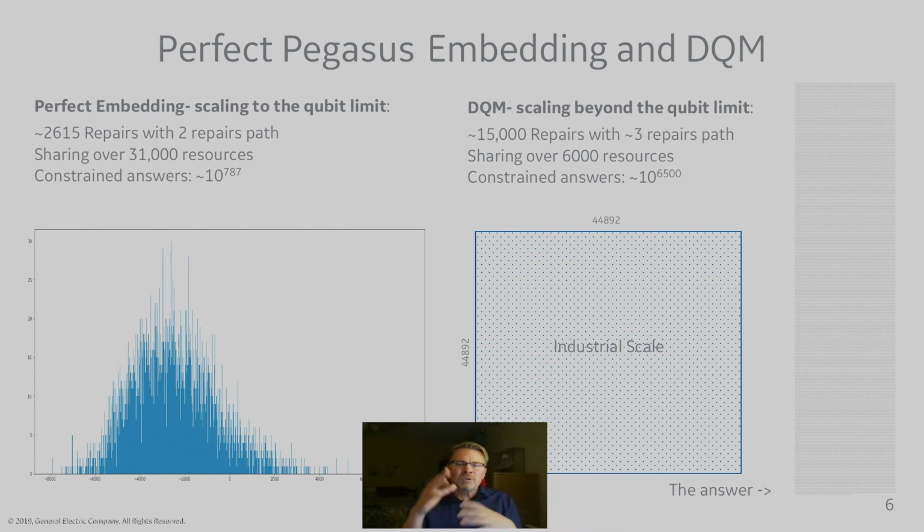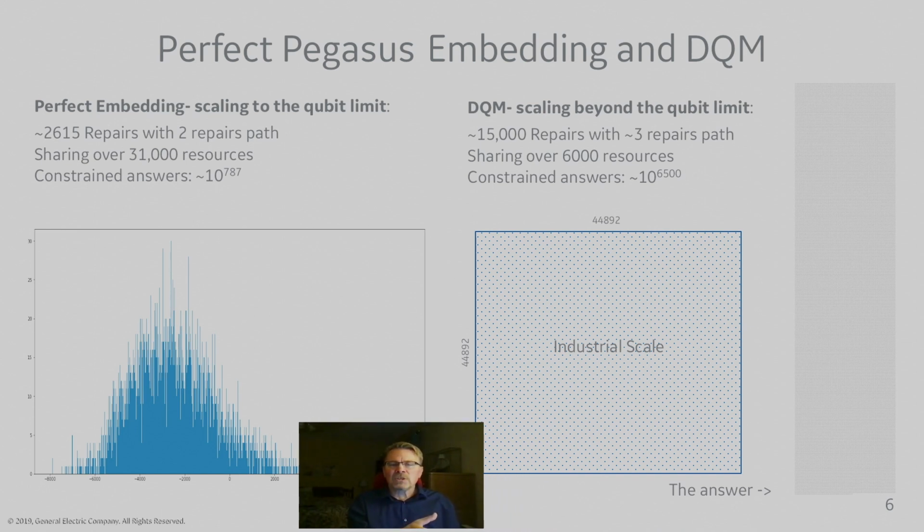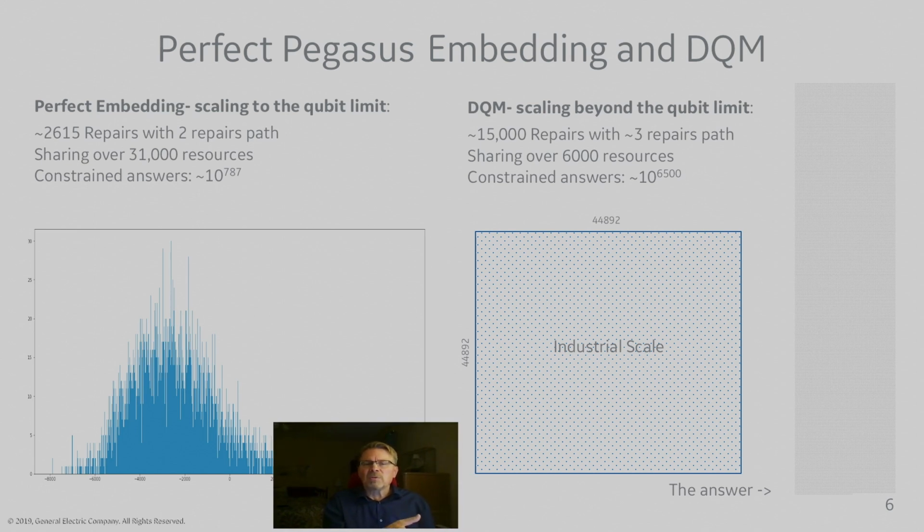But we still look back at that first chart of the scale of the problems. This is kind of a baby step, it's a great baby step, don't get me wrong, but we still see a limit to the qubit scaling that we're seeing here. And so thanks to D-Wave for giving us access to this, but we got access to their LEAP discrete, I'm going to screw up the name, their DQM solver.